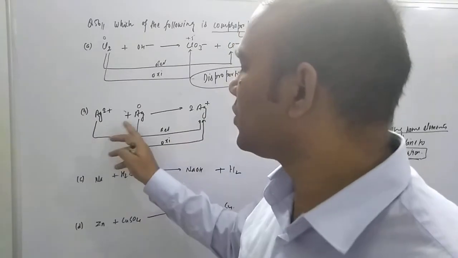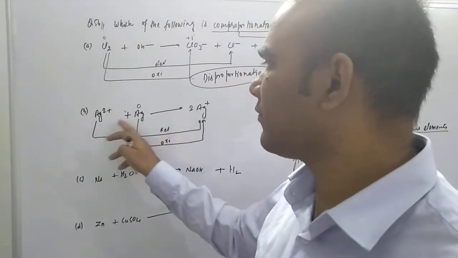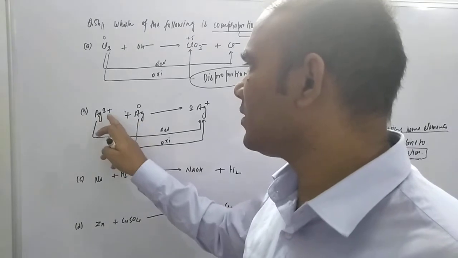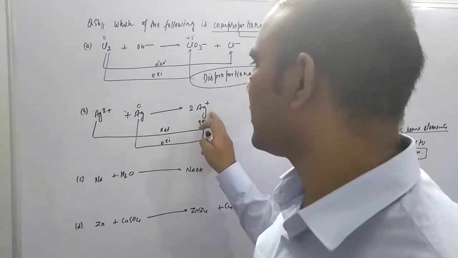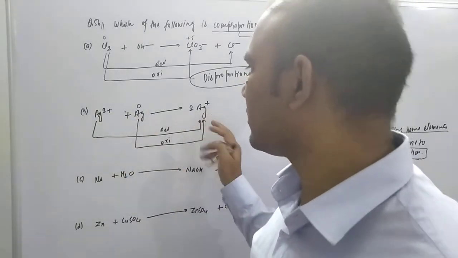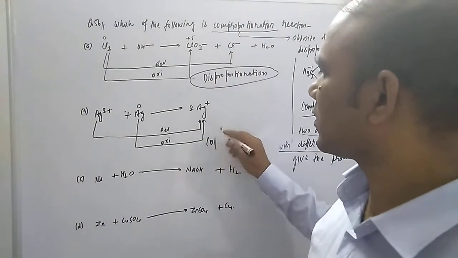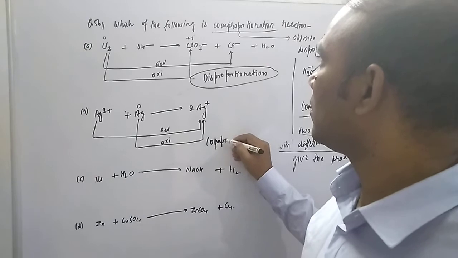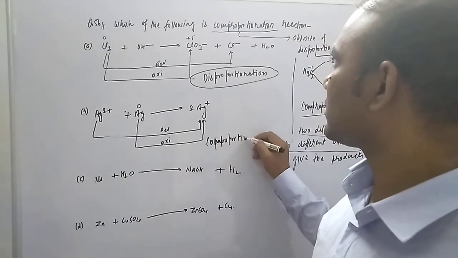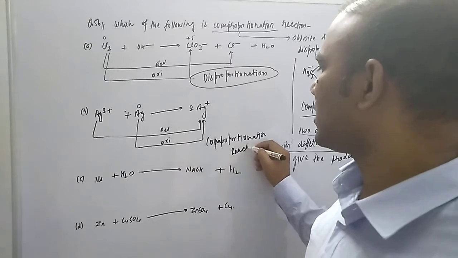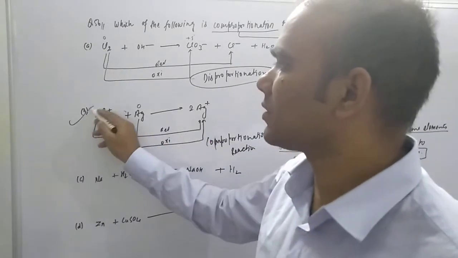Now two different reactants with the same element in different oxidation numbers combine to give the same oxidation number. So this is the example of a comproportionation reaction. So our required answer is option B.